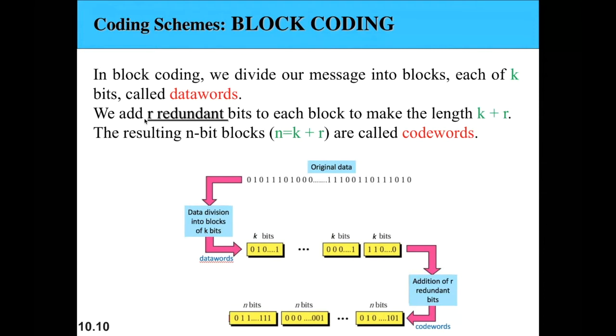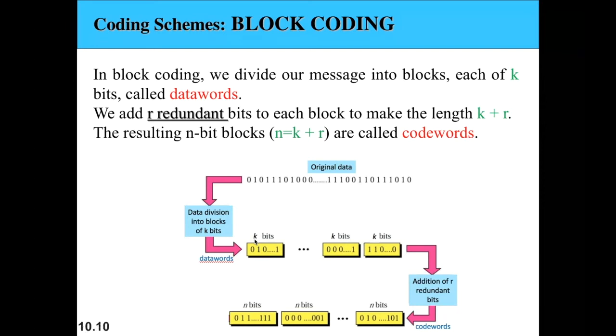In block coding, we divide our message, the data that we want to send to the receiver, into blocks. Let's say this is our original data: 0 1 0 1 1 1 0 1 0 0 0 and so on. This is the stream of 1s and 0s, and after that we divide our data into blocks of k bits.